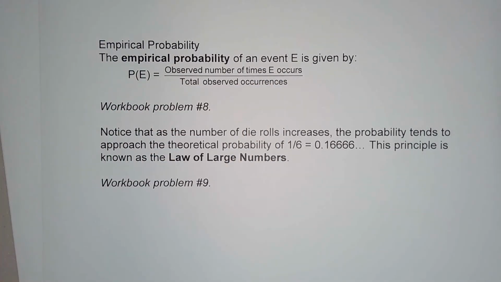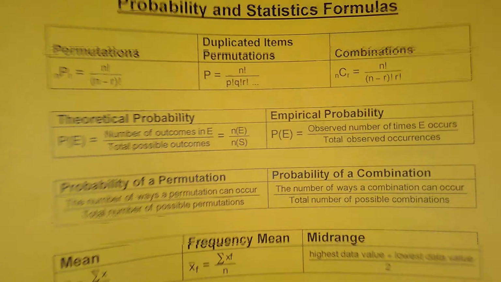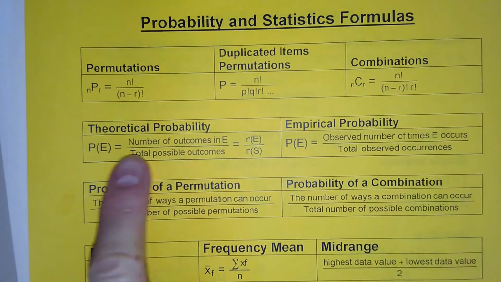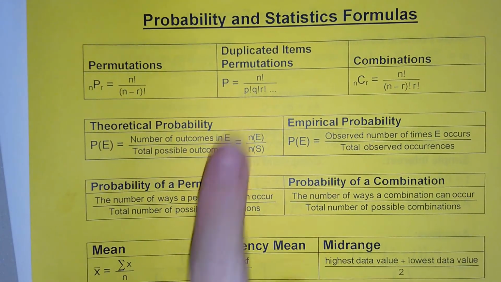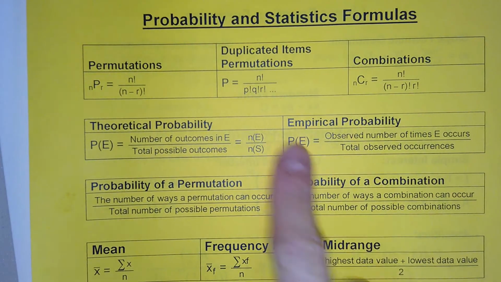So basically, you perform the experiment over and over again, and then you just observe how many times a particular thing happens. And by the way, these formulas we've been talking about are on the back side of your formula sheet. So here's theoretical probability, and here's empirical probability.